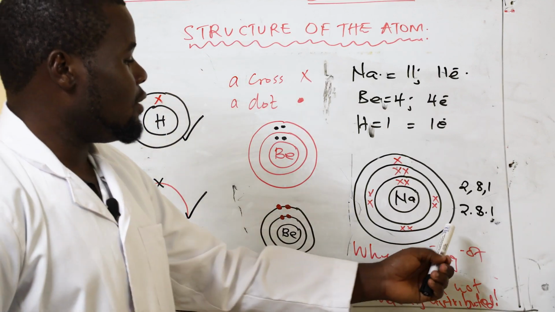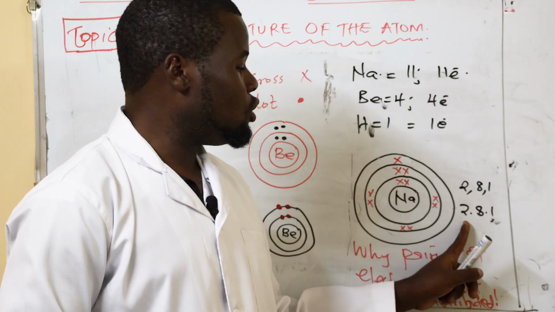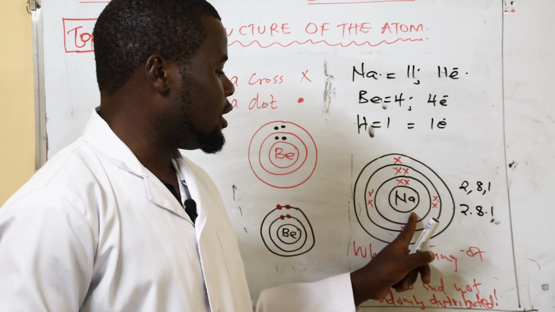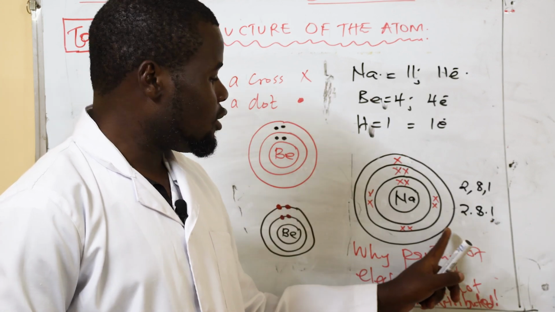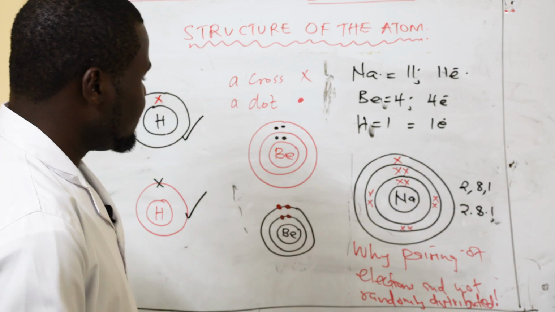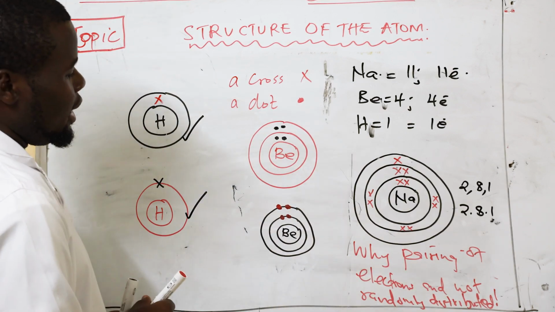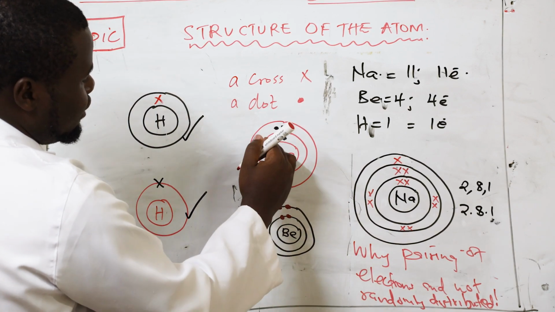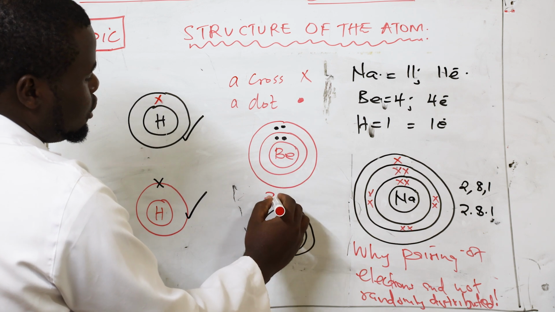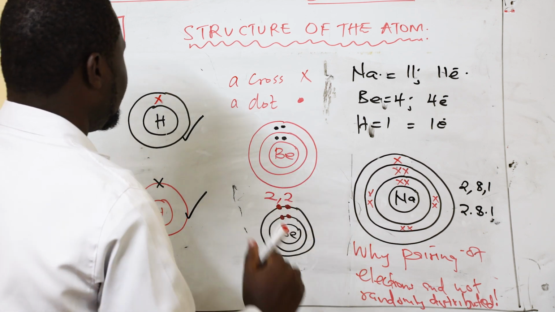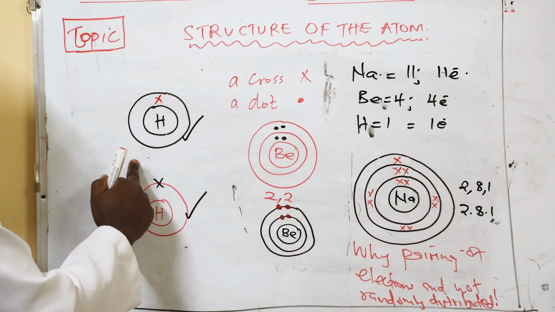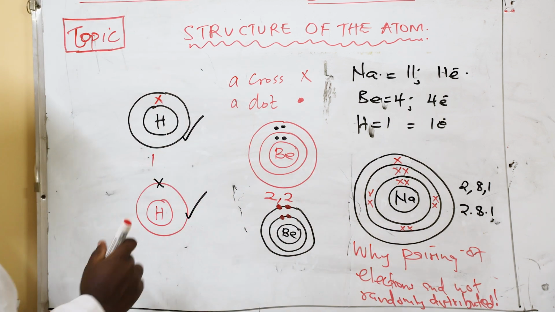So this first value 2 is from the first energy level, 8 from the second energy level, and 1 from the last energy level. Coming to beryllium, I'll have the first energy level having 2, comma, and the second having 2. For the case of hydrogen, it is just 1.